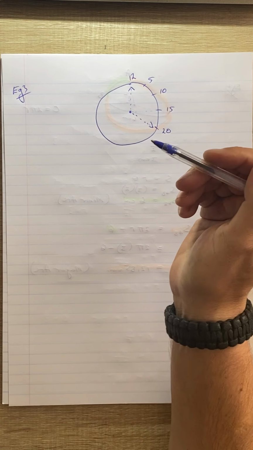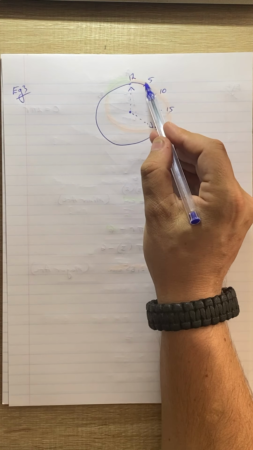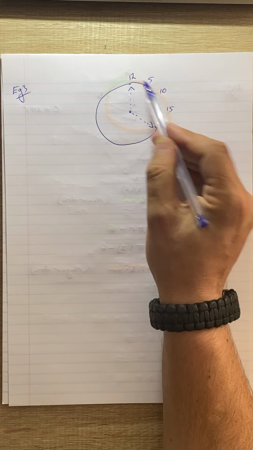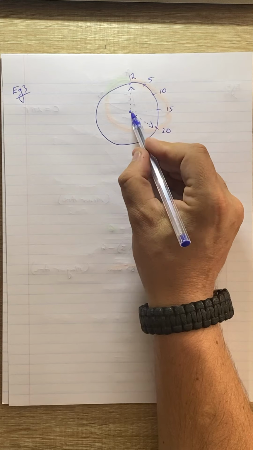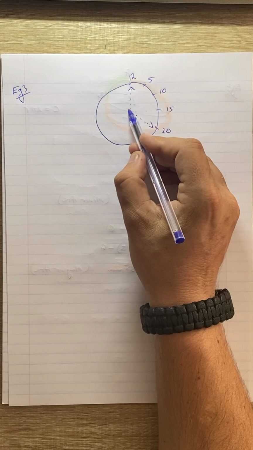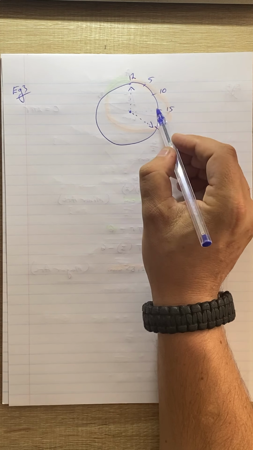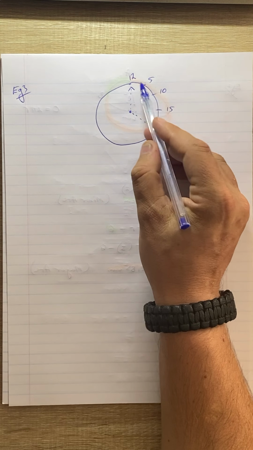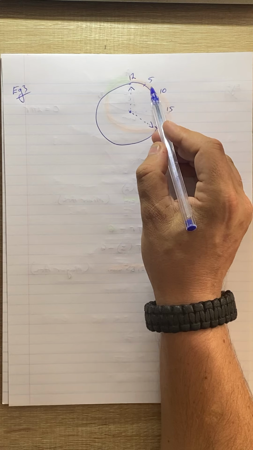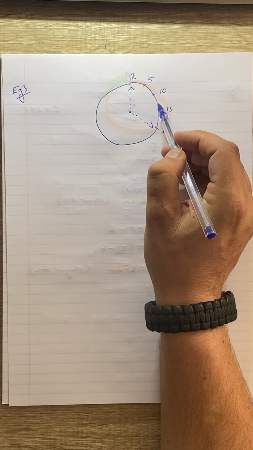Now what I need to do is work out how much each one of these 5-minute intervals is in terms of radians. So if that is 90 degrees from 12 until 15, we now know that if I divide this by 3, we're going to get 30 degrees for each little segment.